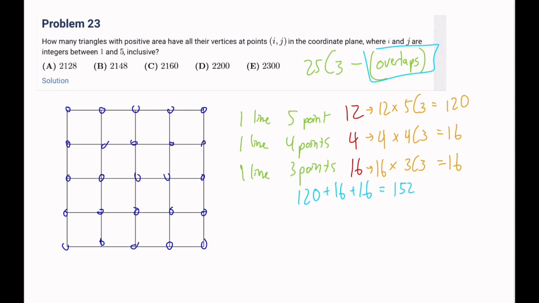And so now all we have to do is 25 choose 3 minus 152, and 25 choose 3 equals 2300, and that was an answer choice to distract you, but it's not, and you should be distracted, right? And so the answer is 2300 minus 152, and this is 2148, so the answer is B.